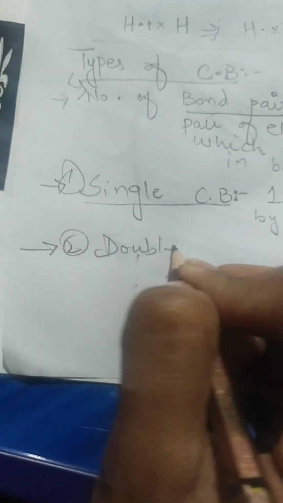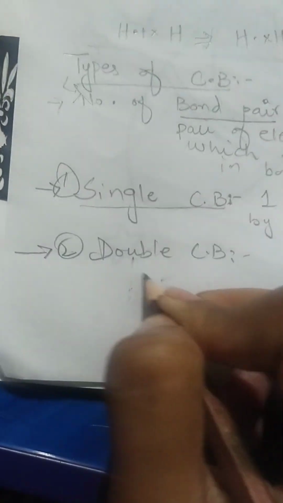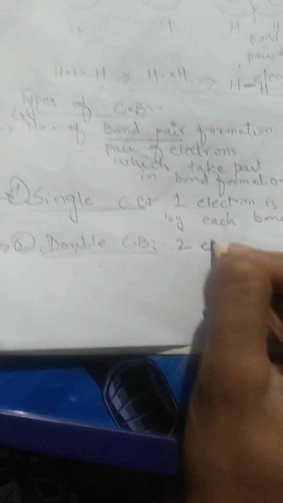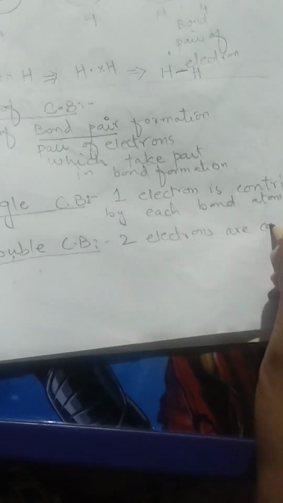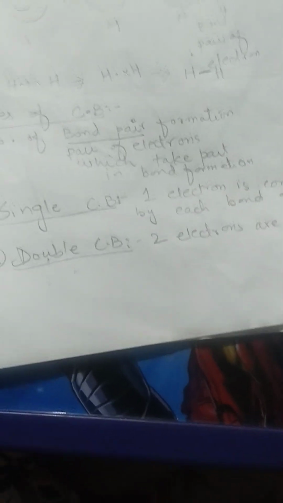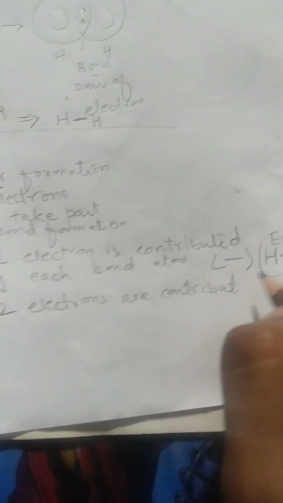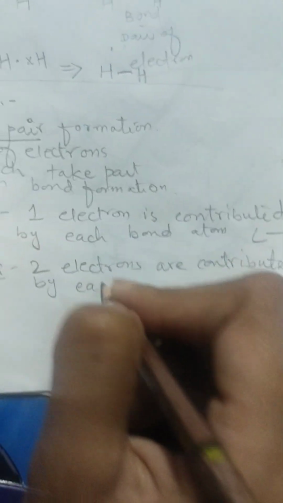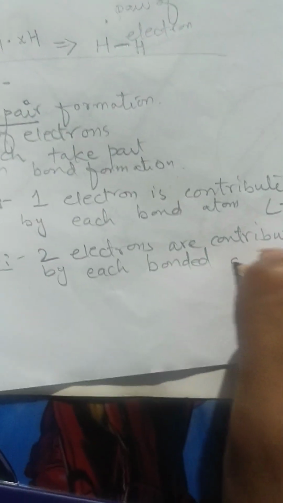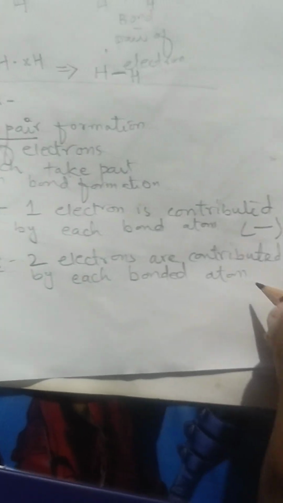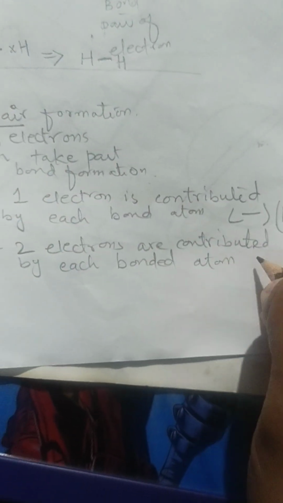Now the second type is double covalent bond. If two electrons are contributed by each bonded atom, then it is called double covalent bond and two bond pairs are formed.